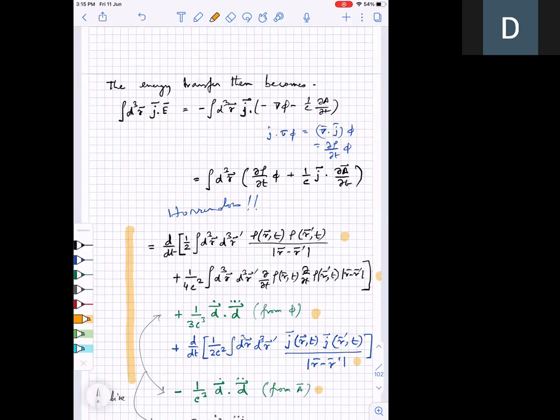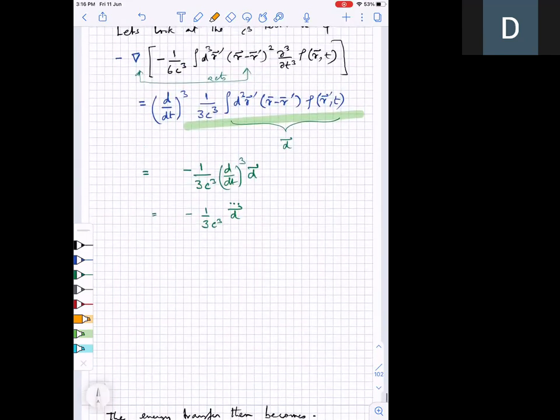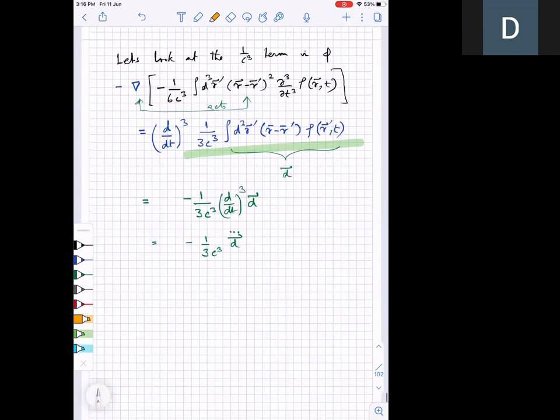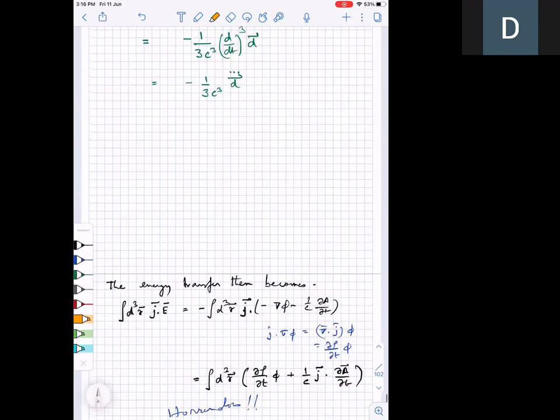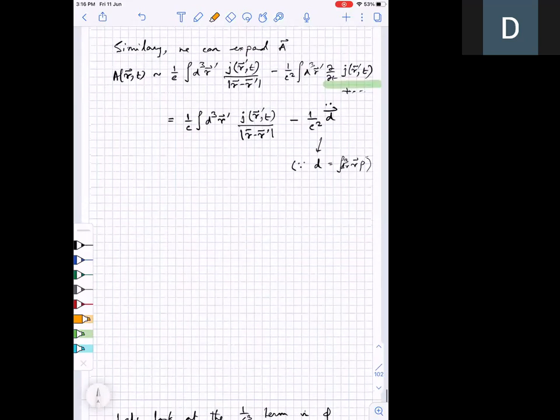Now, if you look at the del rho del T times phi, the third term of that had this 1 by C cubed D triple dot. That will basically combine with the rho to give you a 1 by C cubed D dot times D triple dot. This D dot is coming from the rho. And similarly, the A had a D double dot.